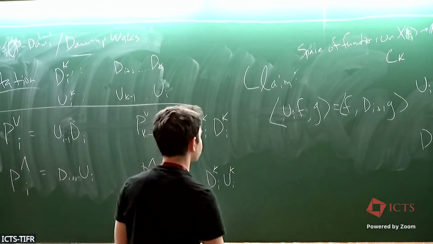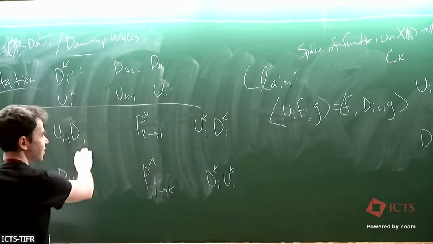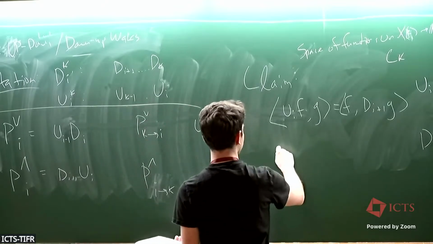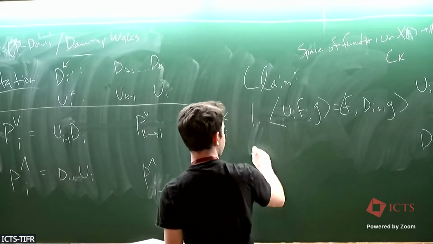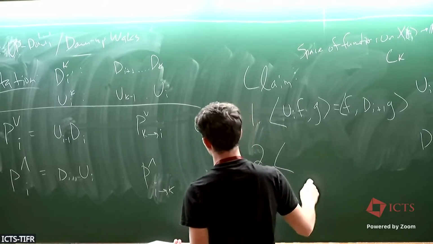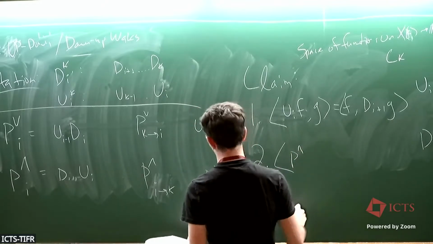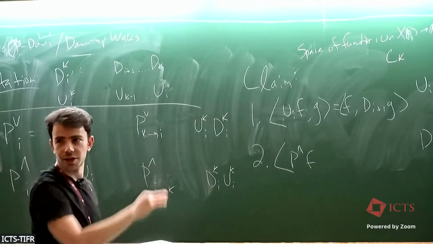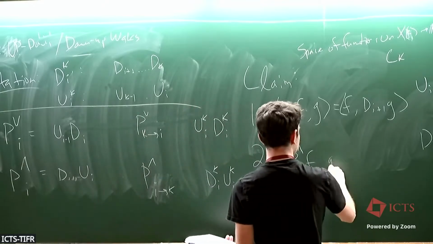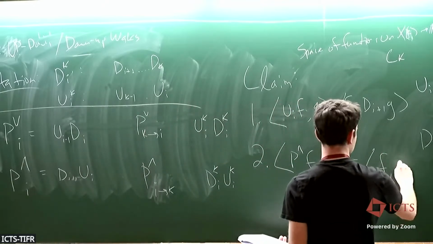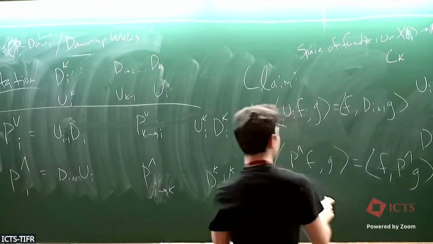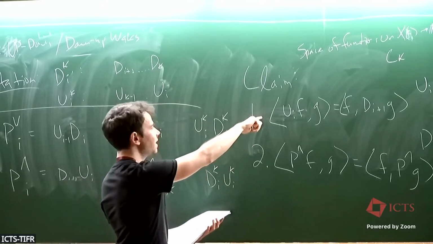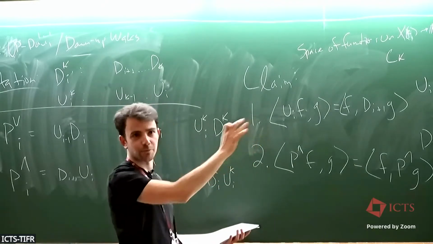Okay, so now I claim it's easy to show that these guys are self-adjoint because I just flip them across the inner product. The second claim is that for any levels you want to take, you just write this out as the up and down operators, and then I would flip the u's over to be d's, and the d's would flip over to be u's, and I'd get the same walk on the other side.